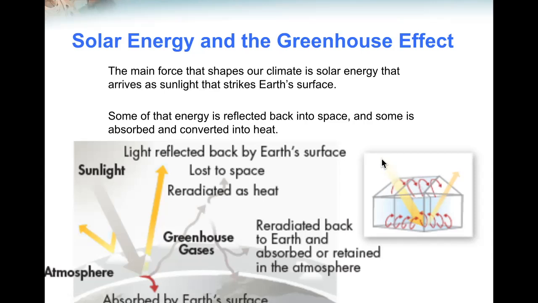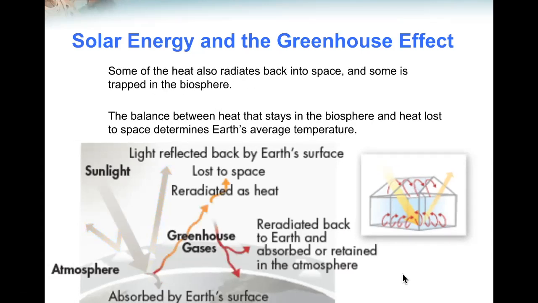A lot like a greenhouse, the light comes in and then bounces back off the glass to keep heat inside. These greenhouse gases are very significant and help the Earth. Some of the heat is radiated back into space and some is trapped in the biosphere. The balance between the heat that stays in the biosphere and the heat lost to space determines Earth's average temperature.